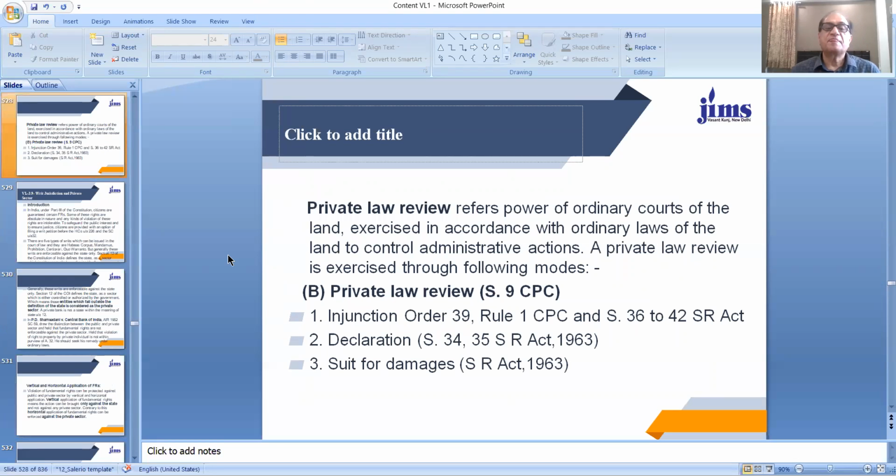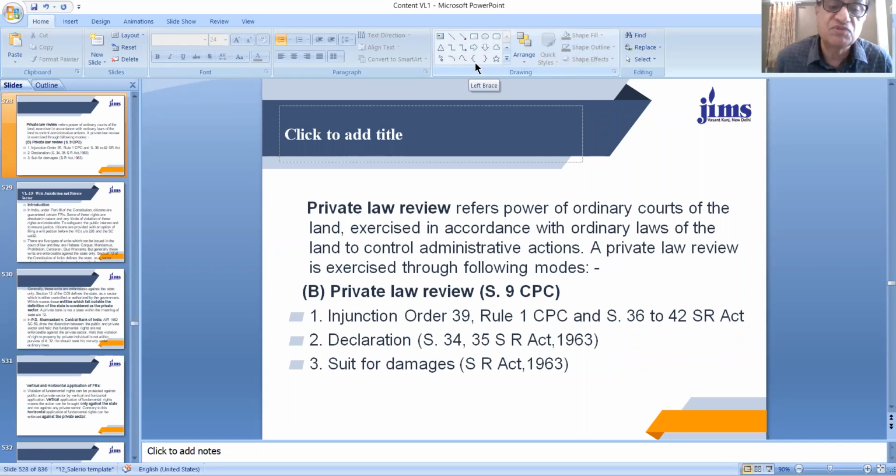So dear students, the public law review and private law review, these are the 2 kinds of judicial review. Private law review refers to the power of ordinary courts of the land exercised in accordance with ordinary laws of the land to control administrative actions. Private law review may be exercised through following modes. Number 1, by issue of injunction.